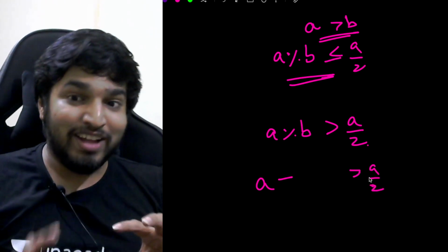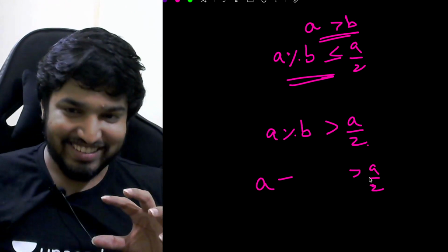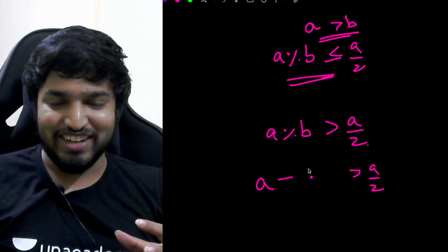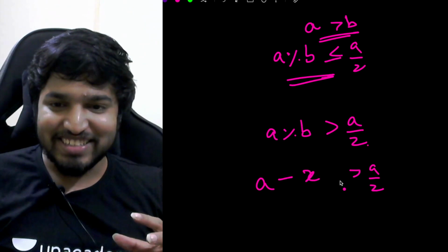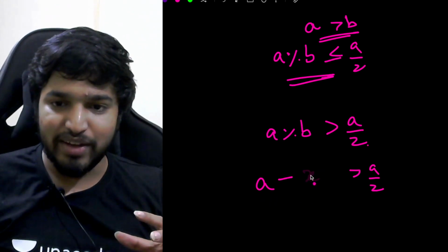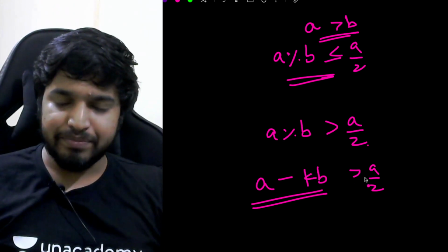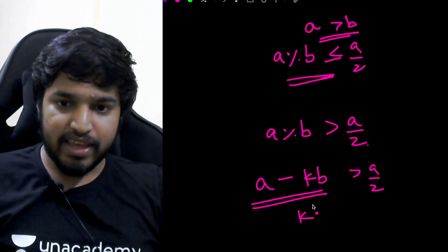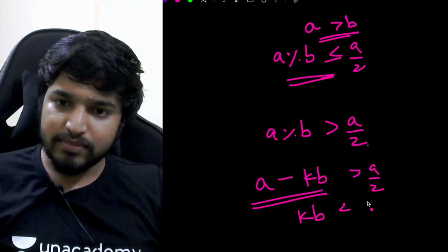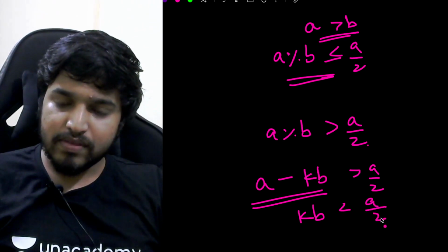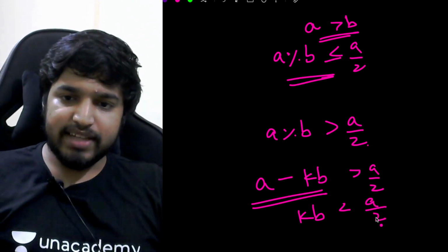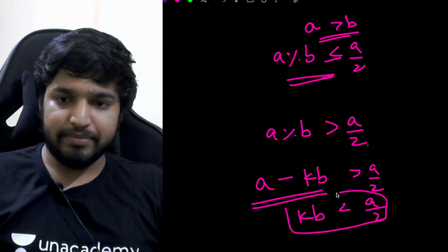That means we can remove another multiple of B, right? So we arrived at a contradiction. Say we removed the number X, which is a multiple of B, like I'll just write it as KB, which is greater than A by 2. Meaning KB is less than A by 2. This is what we get.